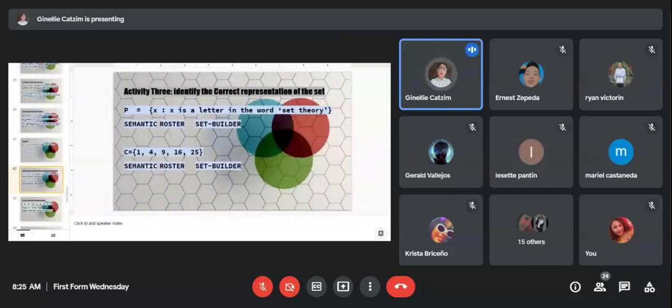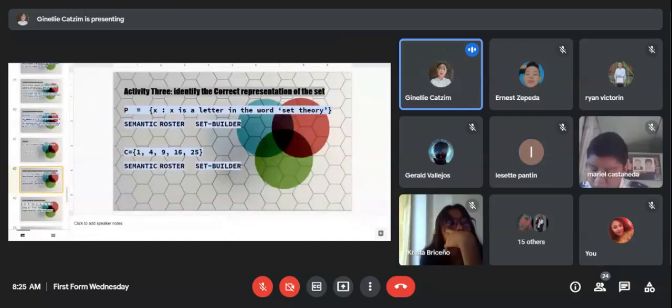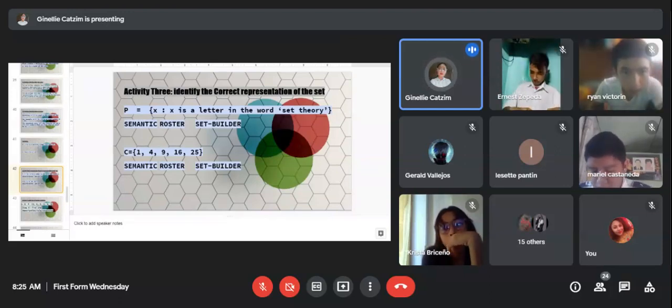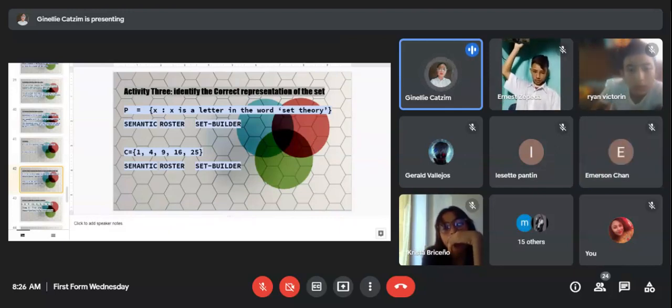You could use the two dots, which is the colon, or the vertical bar for set builder notation. So if you look at a set and it has a bar or the colon, that should automatically light the bulb, right? Why? Because set builder notation is the only one that uses the colon or the vertical bar. Now is C semantic, roster, or set builder?